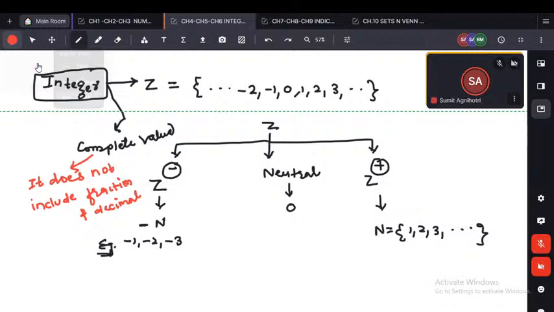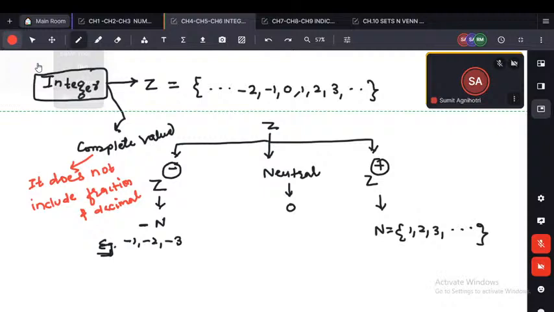Then which numbers will include decimals and fractions? Because today's topic is integer, fraction and decimal, we need to learn what is included in integer, what is included in fraction and what is included in decimal. First I am telling you about integer, and that's why I said integer doesn't include fractions and decimals.